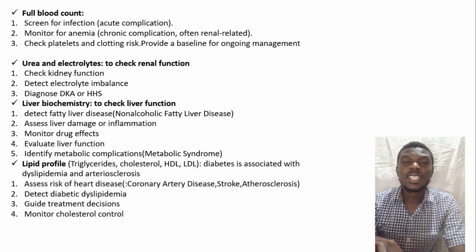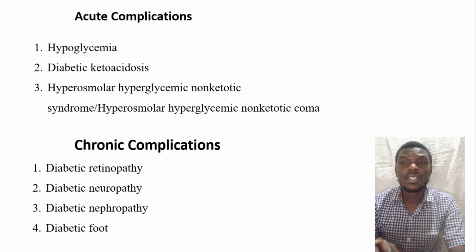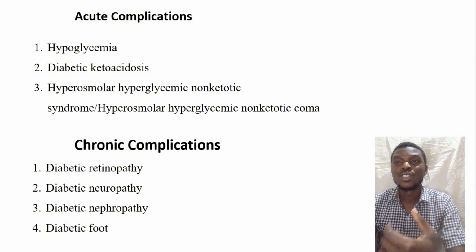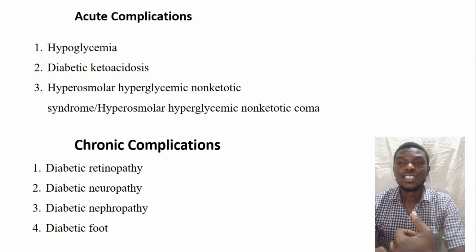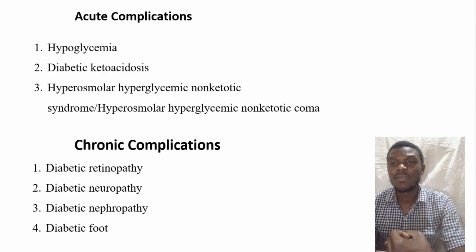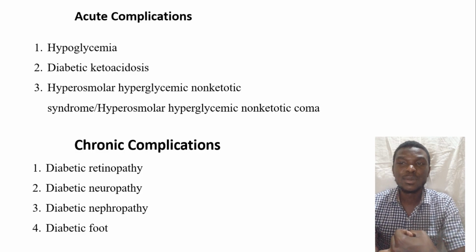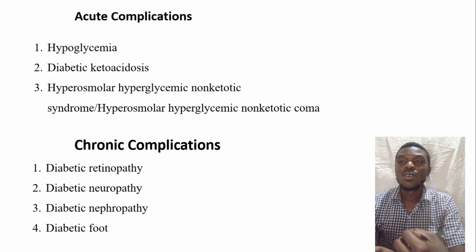So for complications, I'll just list them. We have some acute complications. So this can be diabetic ketoacidosis. You can also have hyperosmolar hyperglycemic non-ketotic syndrome or coma.